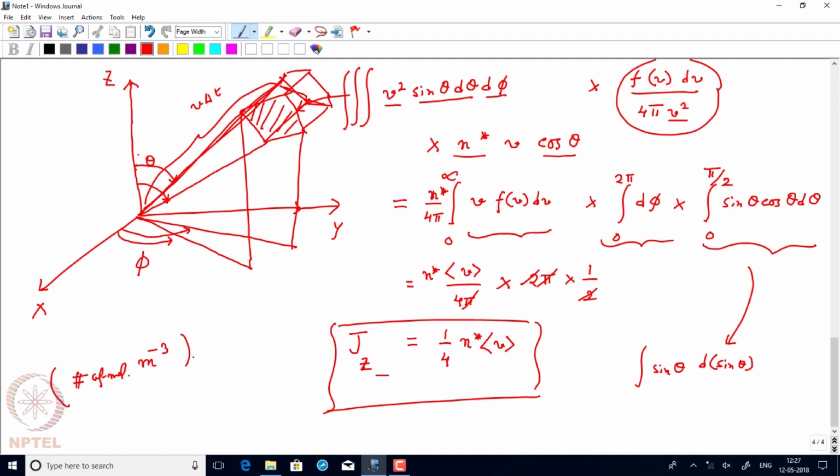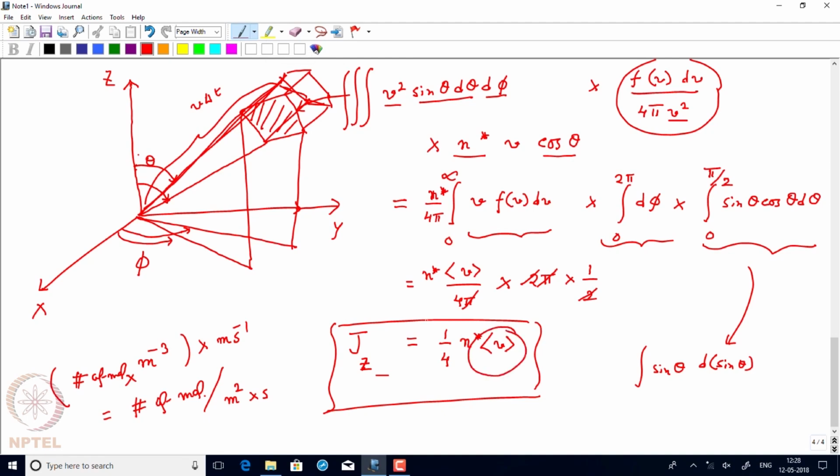That is the dimension of n star. And what is average velocity? It is just a velocity, meter per second. So together, the dimension is number of molecules, or number of particles in some cases, times meter to the power minus 2 and second to the power minus 1, which is nothing but number of molecules per unit area per unit time. That was the definition of the flux, and it is not surprising that we got the correct definition.